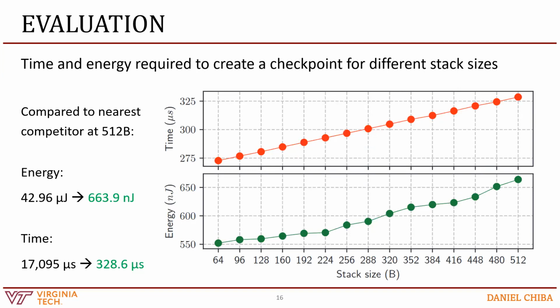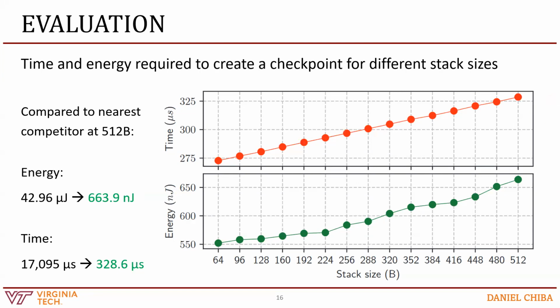Finally, they measure both time and energy to create a checkpoint for different stack sizes. So stack size basically is a good proxy for your runtime memory usage. It's a pretty linear graph. Obviously, it increases with your stack size.